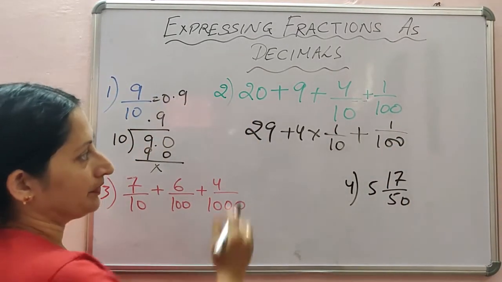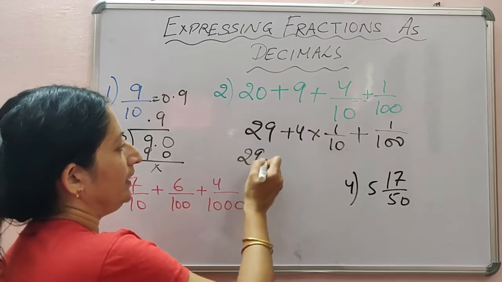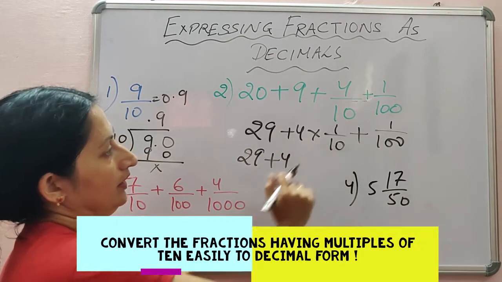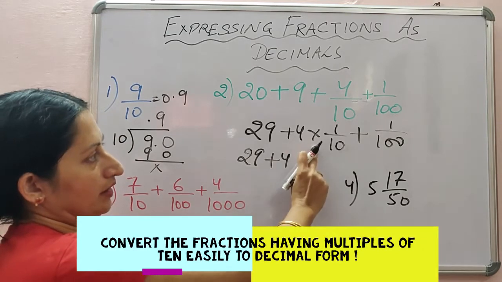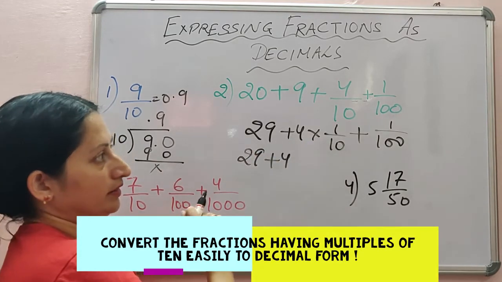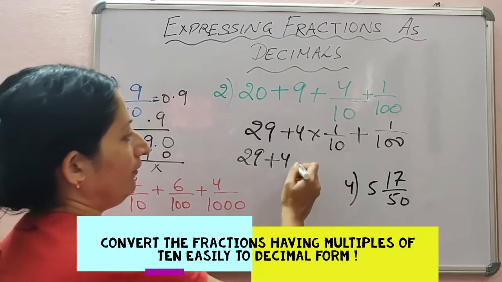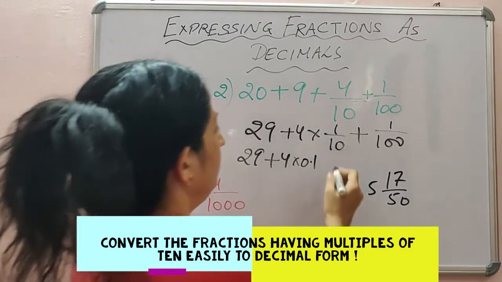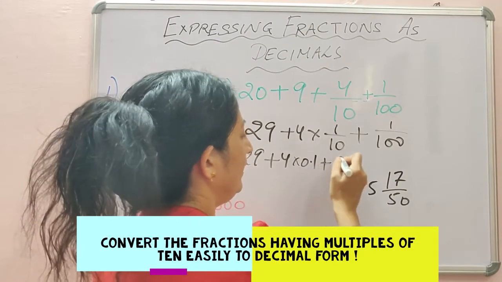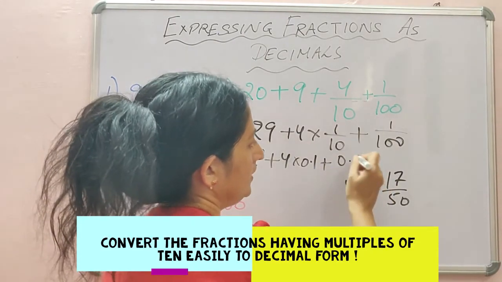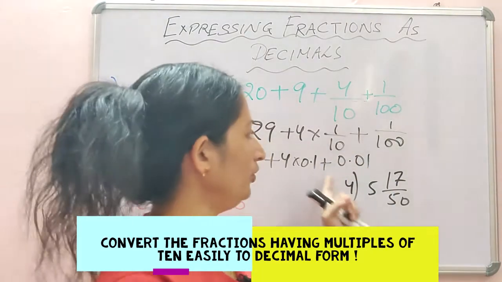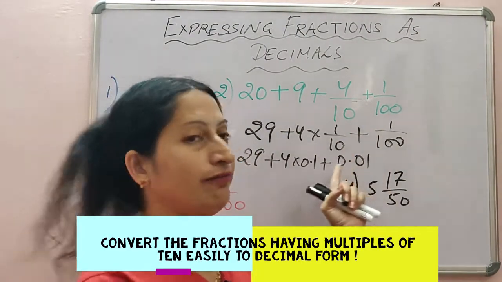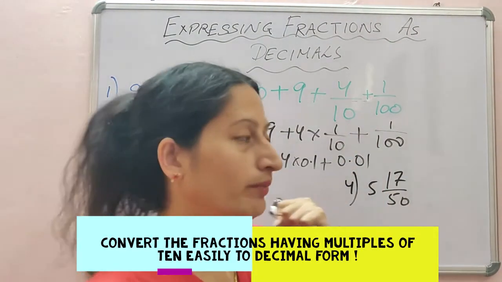Next, it will become 29 plus 4 into 1 by 10, which can be written as 0.1, so we can write it as 4 into 0.1, plus 0.01. I hope you are understanding, because once you remove this decimal, you will get 1 by 100 as I have told you in my previous video.